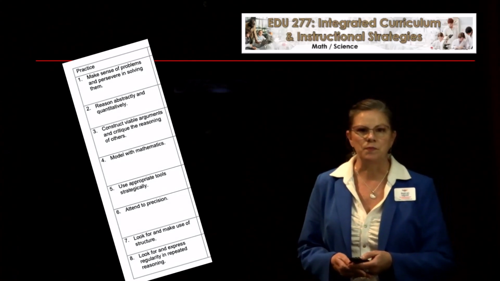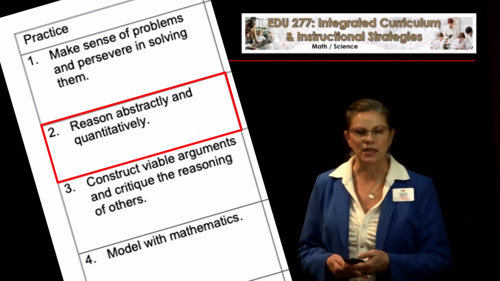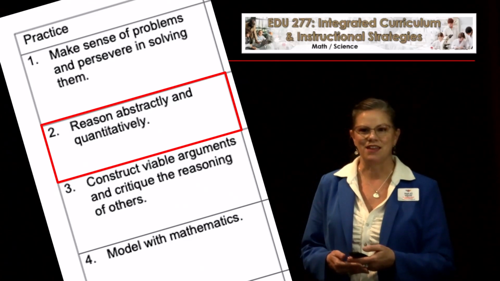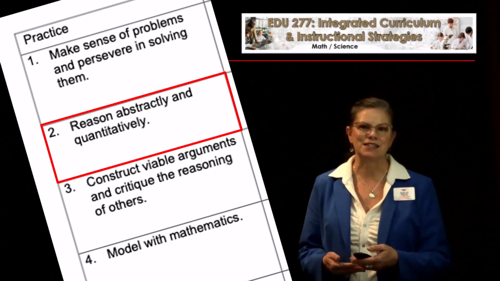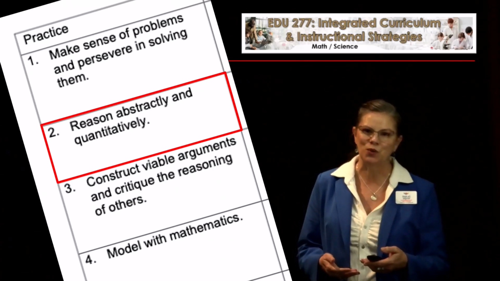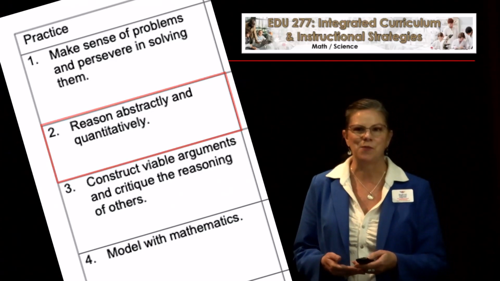For example, when students reason abstractly and quantitatively, they are not just solving, they are making sense of the math, estimating, and predicting. If 3 birds were at the bird feeder and 2 birds joined them, would there be more or fewer birds at the bird feeder now?